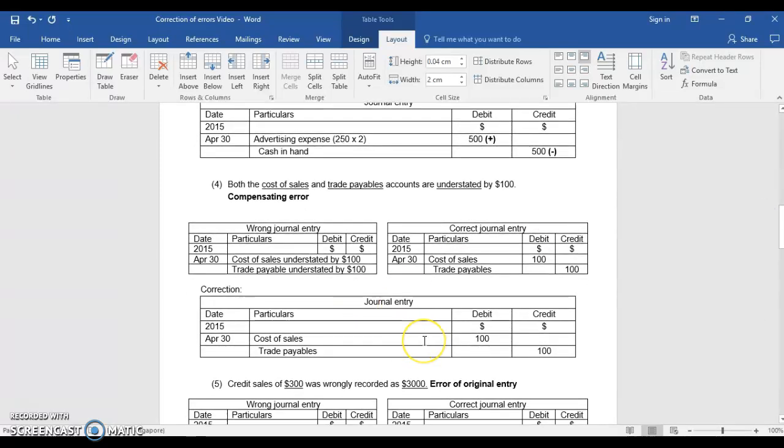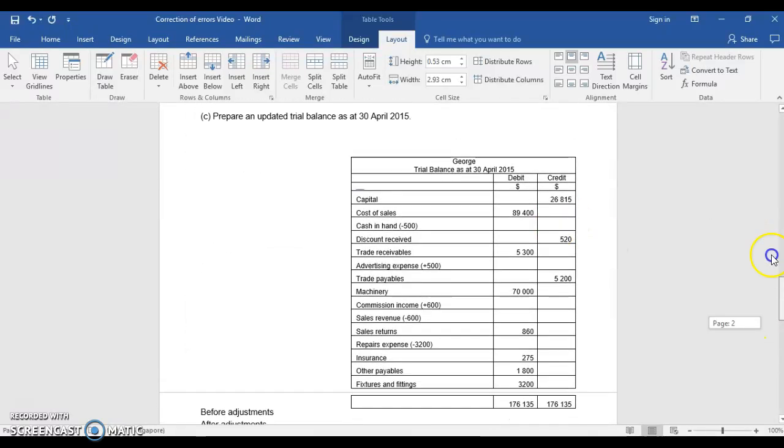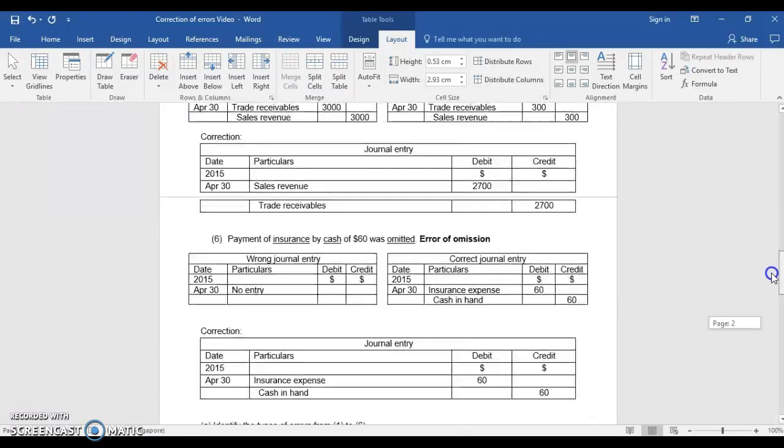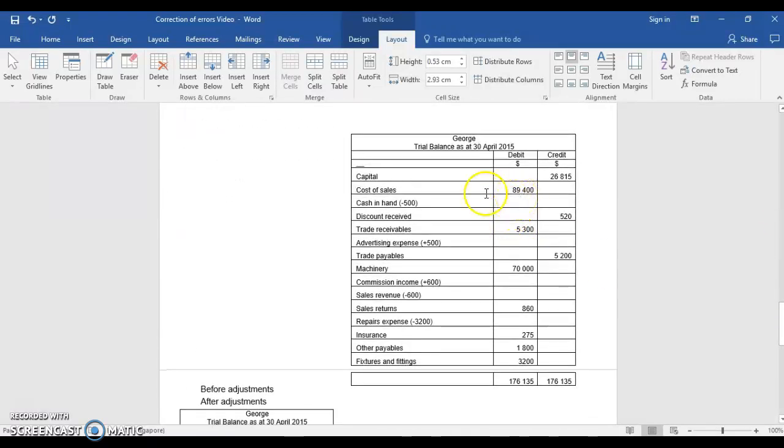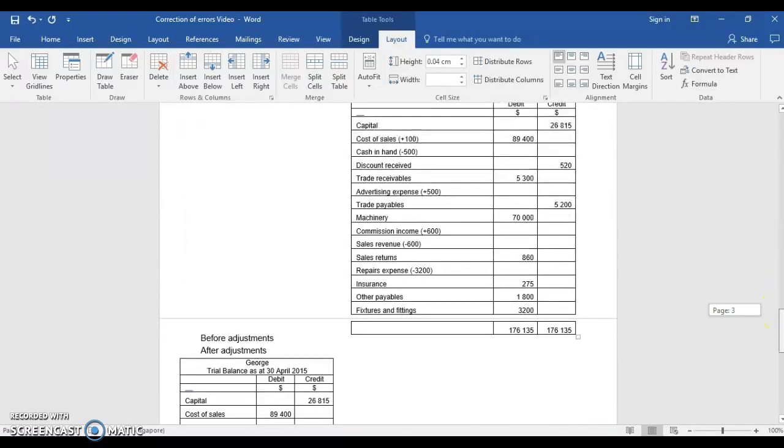Okay, we debited cost of sales and expense, so we are going to add it. And trade payables, liability, we are going to add it as well. So cost of sales and trade payables. Oh, how much was the amount again? $100. Goldfish memory. Anyway, 100. And the other one is trade payables. Alright, that's it for number 4.